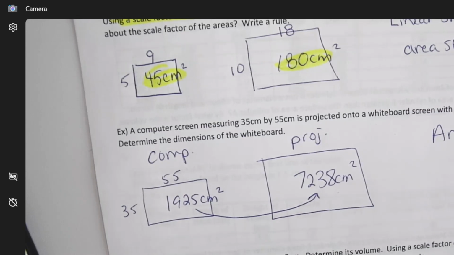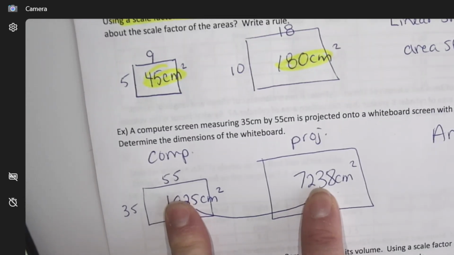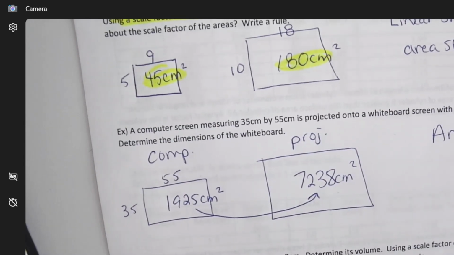I got 3.76 times bigger. Is that what you got? What am I doing? I did this divided by that to see how many times bigger it was.